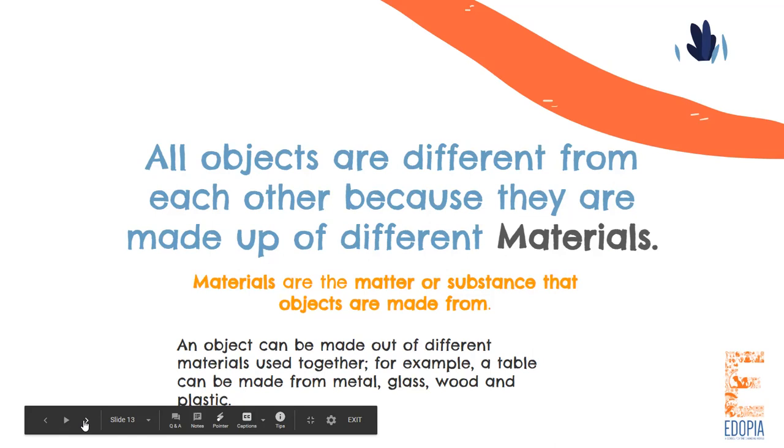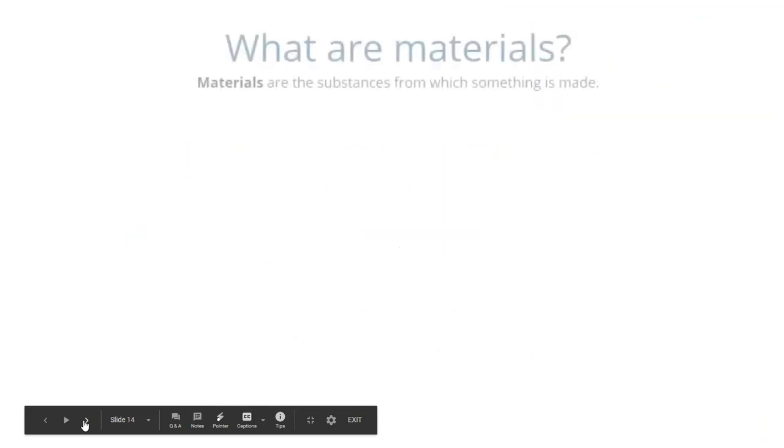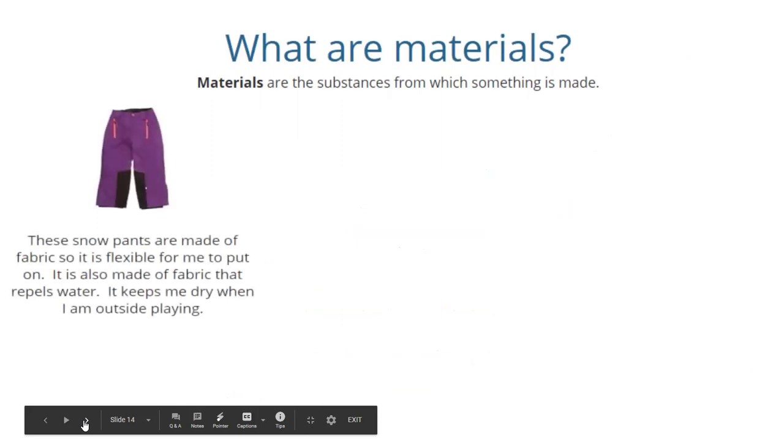You all looked at the tables around your houses and you were able to tell that some were just made out of wood, while others were made out of plastic, while some are made out of glass and wood. So just one object, a table, can be made out of so many different materials at one time. Okay. So now, as we discussed, materials are substances from which something is made.